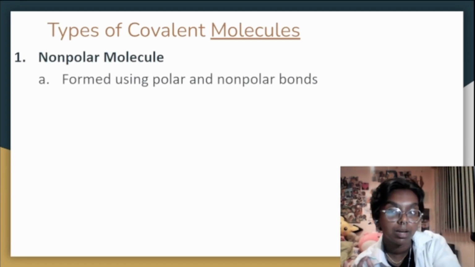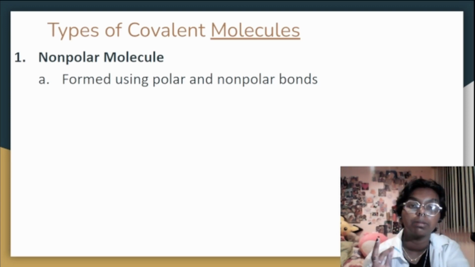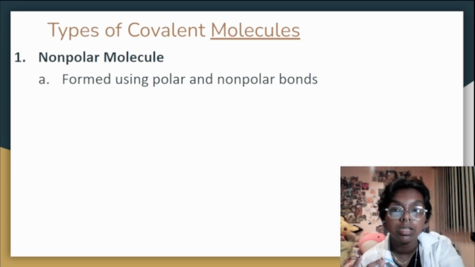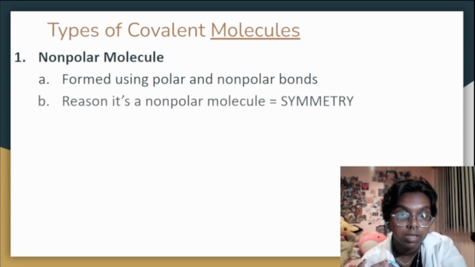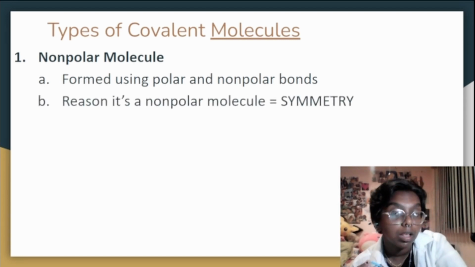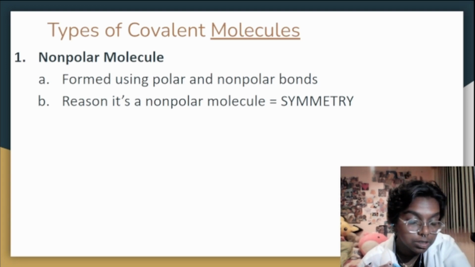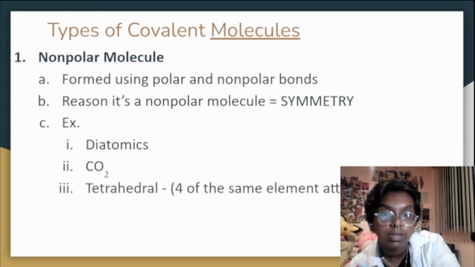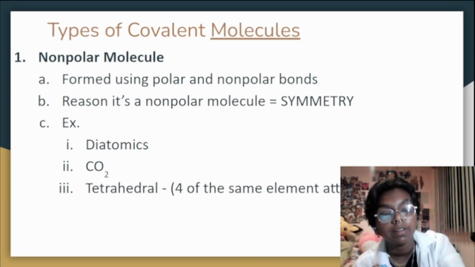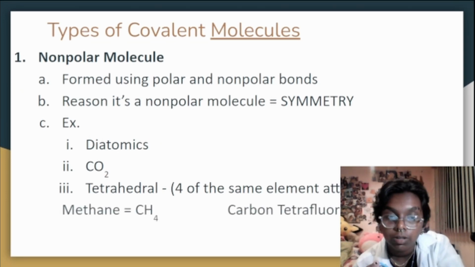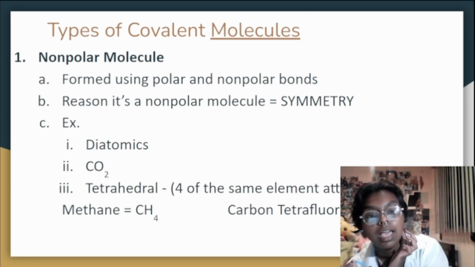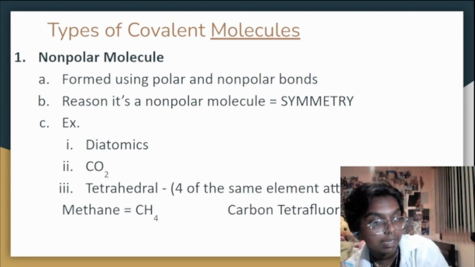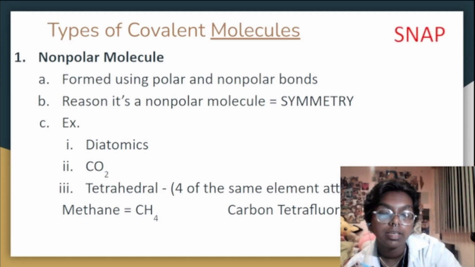Snap represents symmetrical nonpolar, asymmetrical polar. So now, types of covalent molecules. A nonpolar molecule can be formed using polar and nonpolar bonds. The reason it's a nonpolar molecule is because it's symmetrical, right? Examples would be diatomics, CO2, and tetrahedrals, which is 4 of the same element attached to a carbon, like methane, CH4, and carbon tetrafluoride, CF4.